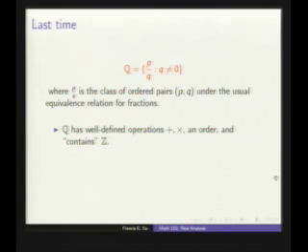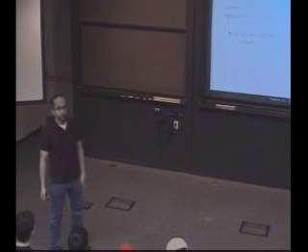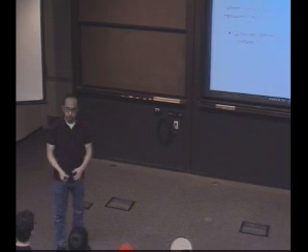These ordered pairs satisfied some notion of equivalence, the usual notion you were taught in grade school for how to tell whether two fractions actually represent the same thing. We've seen that this is, in fact, an equivalence relation, and that under this definition we can construct an addition and a multiplication that's well defined.